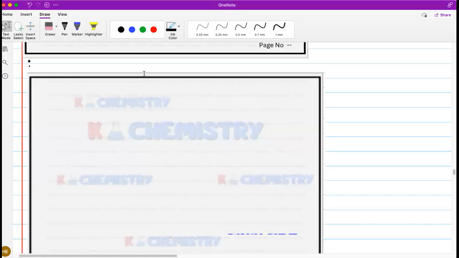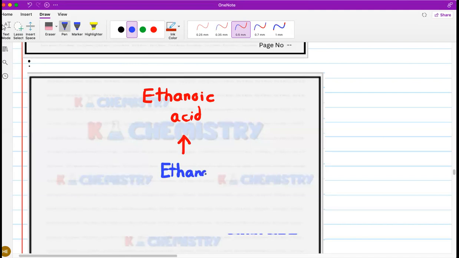Again, we said there are 2 ways to form the ethanoic acid or the carboxylic acid from our alcohol. What is the alcohol that will produce it, by the way? Ethanol, very good. First, you do the oxidizing agent like something called potassium permanganate. How do you remember all these things?